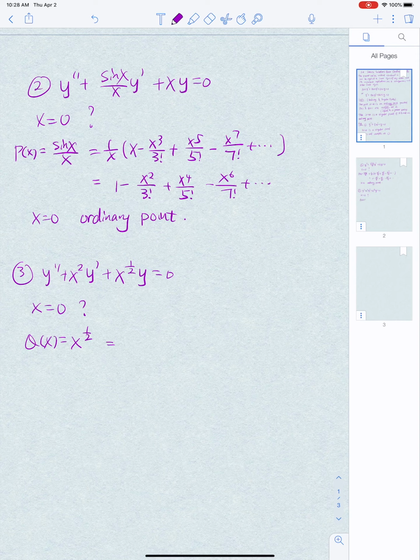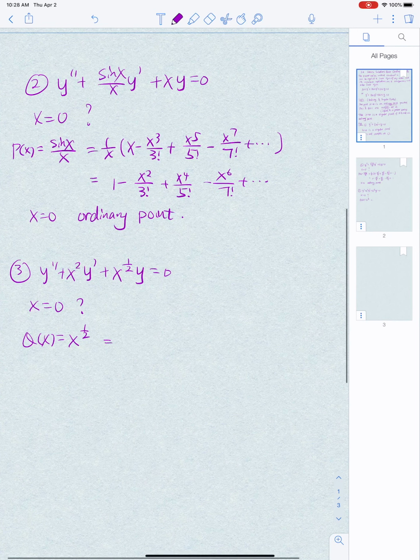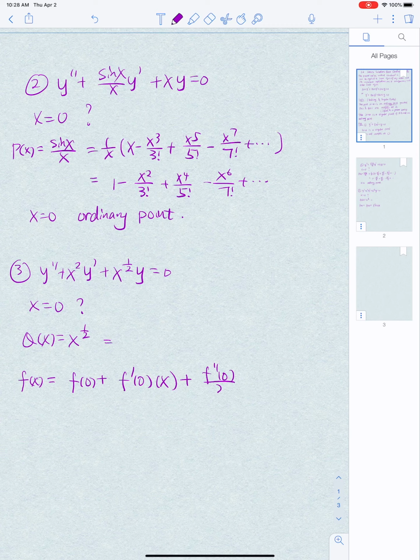So in order to write it as a power series about 0, in general, if you have f of x and you want to expand it about 0, then you're going to do f of 0, f prime of 0, and so on, so you're going to calculate this right-hand side.